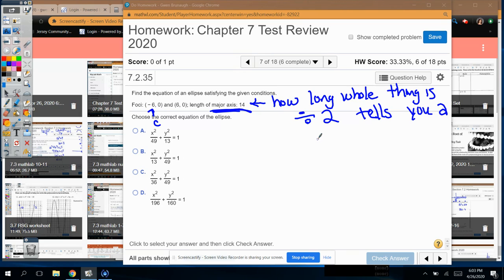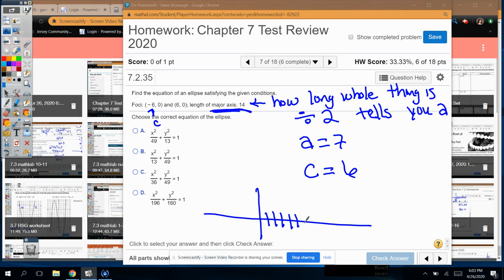So A is 7 and C is 6. We need to know what direction it's going. Well, the foci are the eyes, and it's going in the X direction again. So that means 49 is going to go under X, so the only possible choice is going to be A.